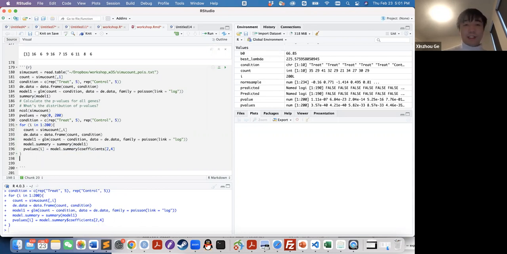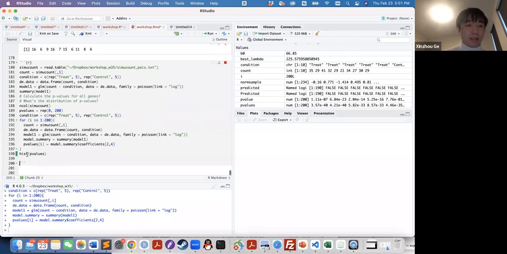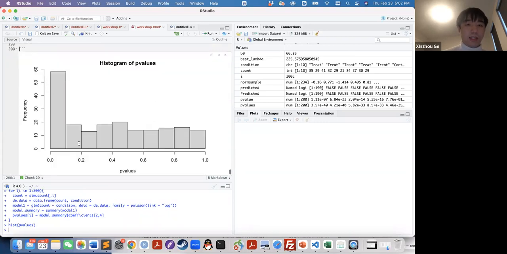So let's look at what these 200 p-values look like. We can use the hist function to generate the histogram. And this will be the histogram. We can see that some of the genes are DE genes, so the p-values for those genes are quite small. And the majority of the genes are non-DE genes, so their p-values come from a uniform distribution from 0 to 1.